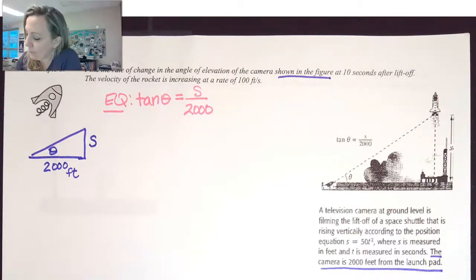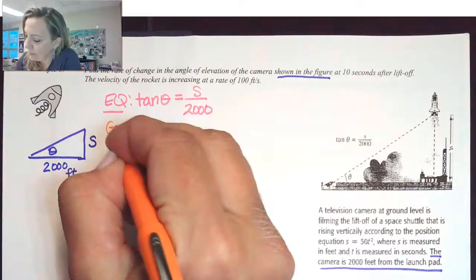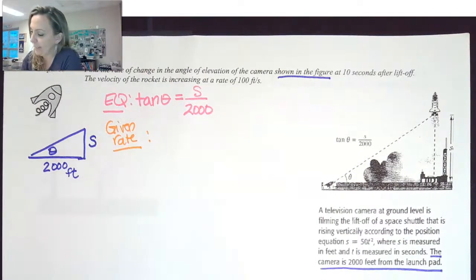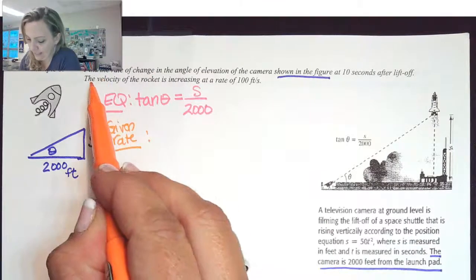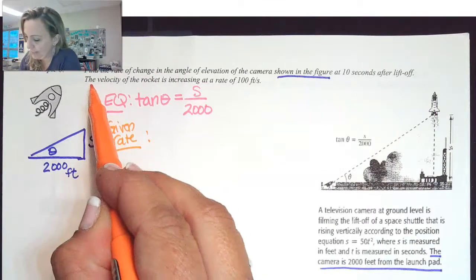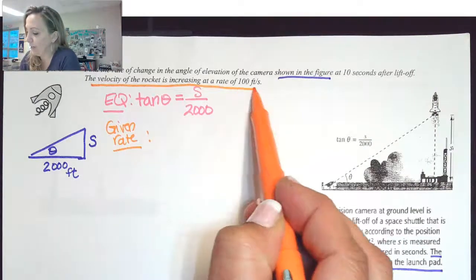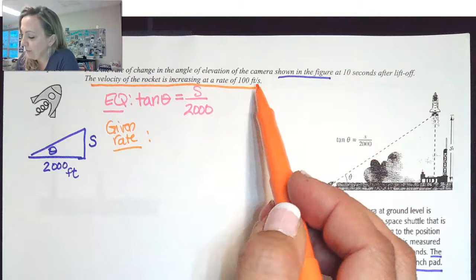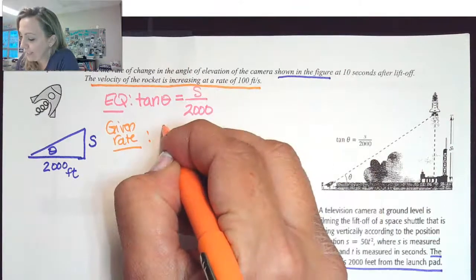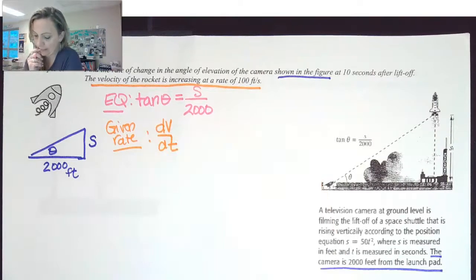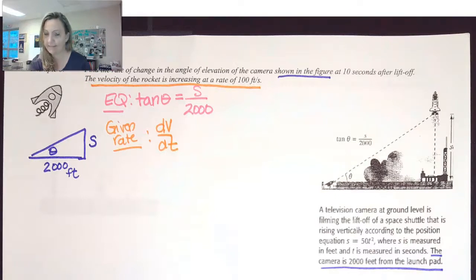The next thing that we talked about identifying in these problems was a given rate. The given rate is the velocity of the rocket increasing at a rate of 100 feet per second. So the rate of change of the velocity is going to be 100 feet per second.